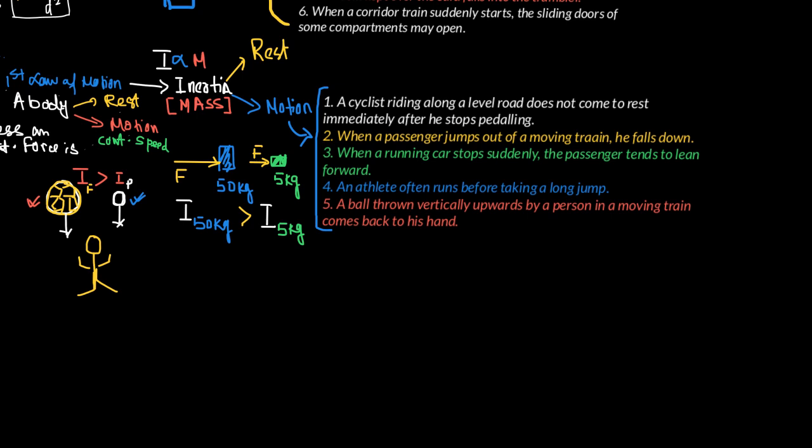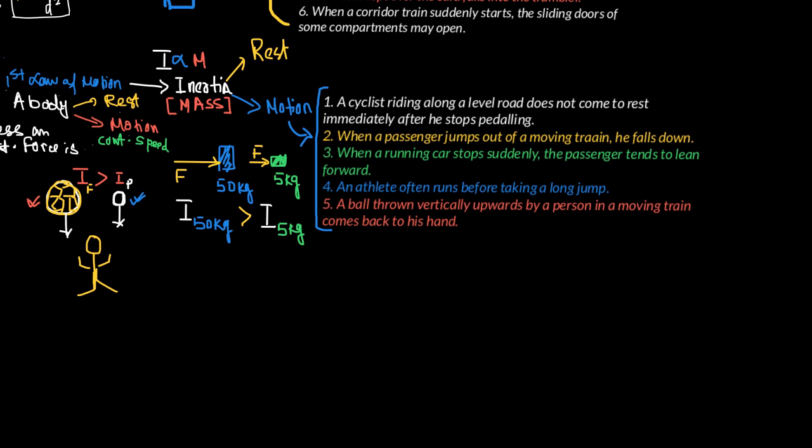To the third point: when a running car stops suddenly, the passenger tends to lean forward. This is exactly opposite to what happens when you are sitting in a train at rest and suddenly the train starts moving, so you tend to fall backwards. Here, the car and the body are totally moving forward.